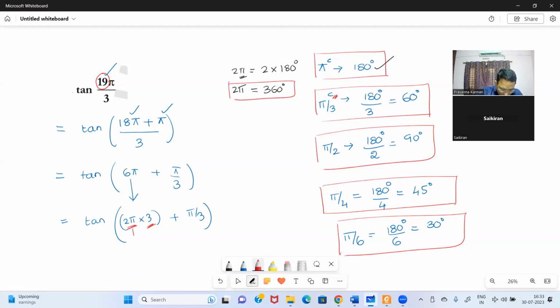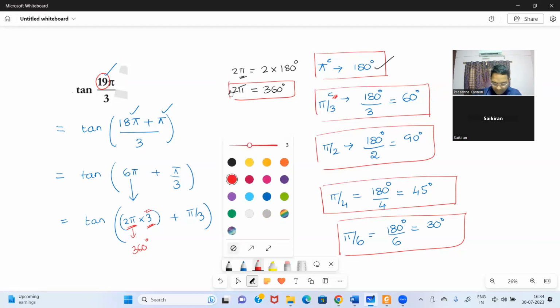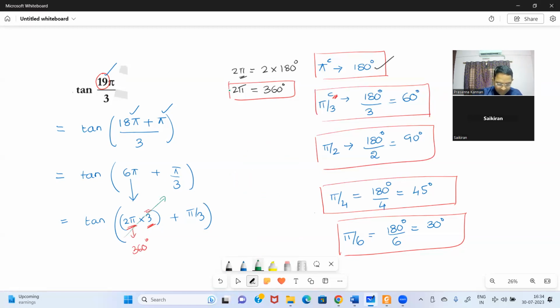2 pi is the same as 360 degrees. In the previous sum we did, when you do 360 degrees, what is it? One rotation, correct? So if you are doing it 3 times, again you are coming to the same point, correct? There is no change. So what can I do?